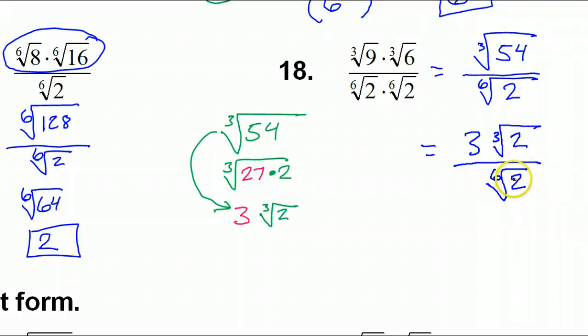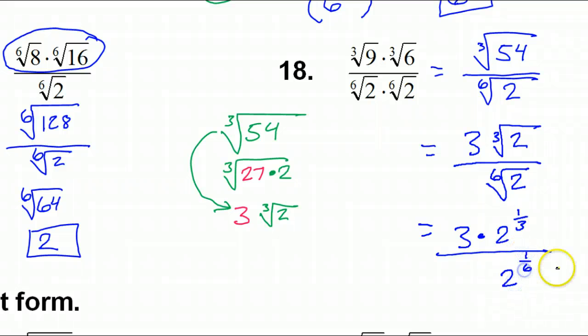So if the bases are the same, there should be something I should be able to do with these roots. But in order to do it, I really need to change these into exponent form. So I could rewrite this as 3 times 2 to the 1/3 power, cube root. And this one would be 2 to the 1/6 power. Okay? I'm going to need more space.